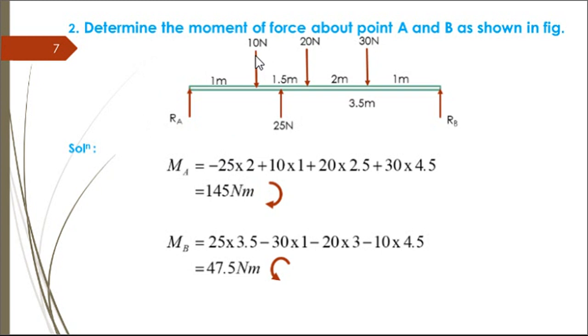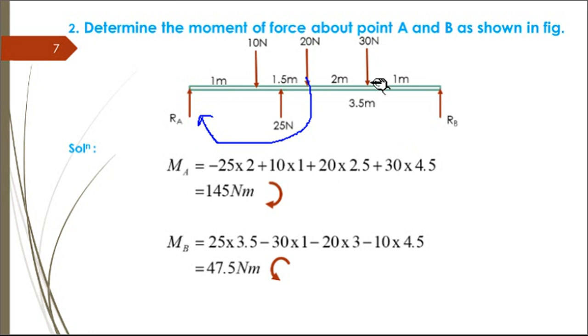Then the next force is 10, perpendicular distance from A is 1 meter, nature of moment, it is going in the clockwise direction about A, so it is positive. Next is 20 Newton force. Now the perpendicular distance from A is 1 plus 1.5, that is 2.5. Again the nature of moment, it is going in the clockwise direction about point A, so positive.